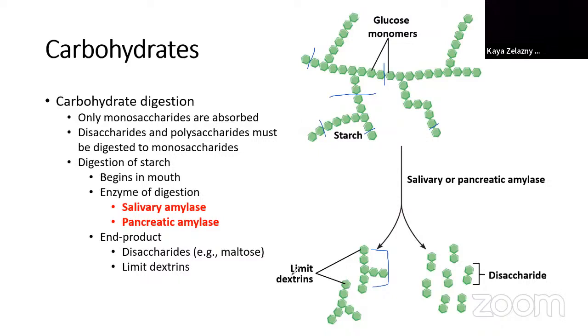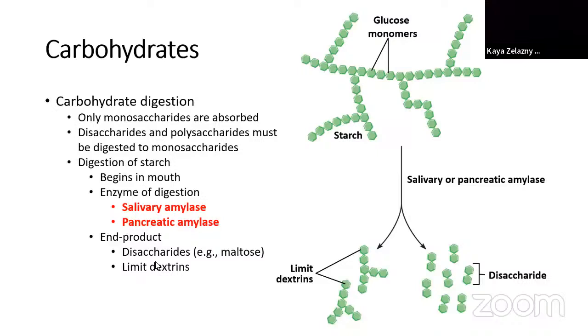Then we're ultimately going to have some more enzymes that we're not going to worry about naming that are embedded in the walls of the small intestine that are able to kind of break down some of these branching points as well. Okay. So our two enzymes produced by glands that are helping are the salivary amylase in the mouth, the pancreatic amylase produced by the pancreas, and then used in the duodenum and the rest of the small intestine.